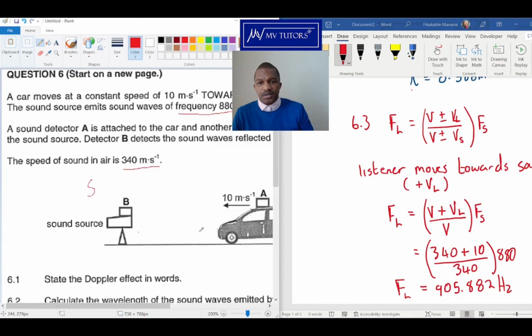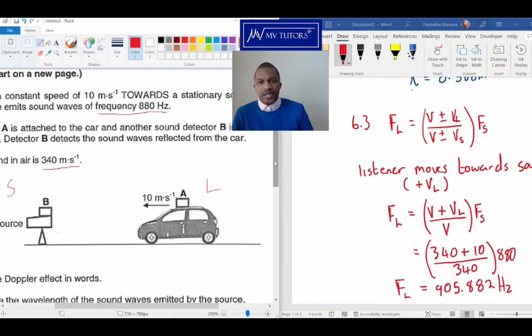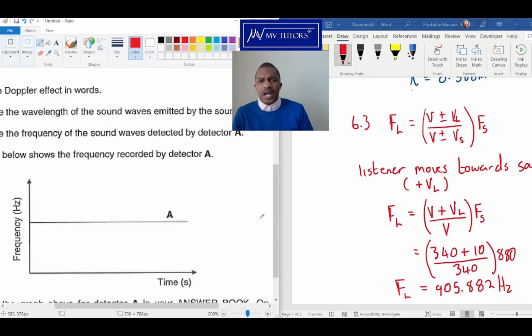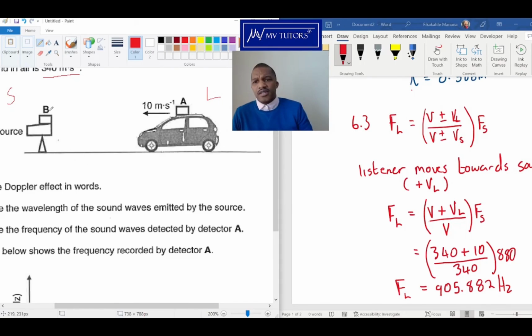Let me just expand this. B is that of the source. Now, if you think about this, the frequency of the source, because remember the source emits, do you expect it to be bigger or smaller?